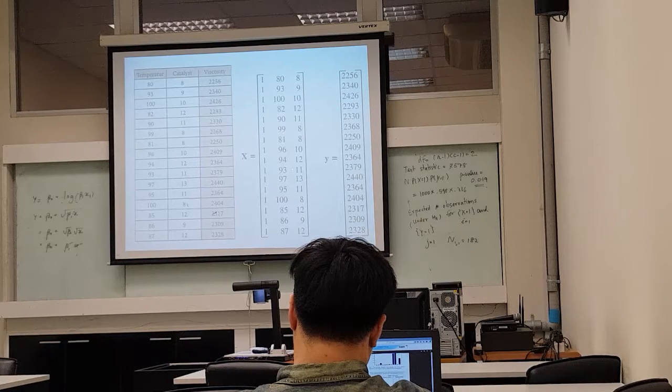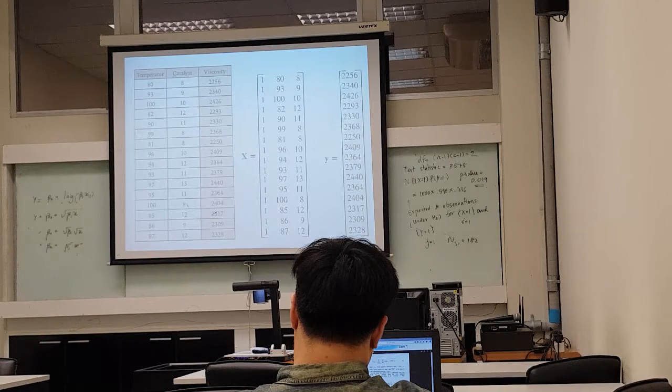Let's write this data into matrix form. This vector y is this column. This is the matrix x: this one is x1, this one is x2, and the first column is all one.